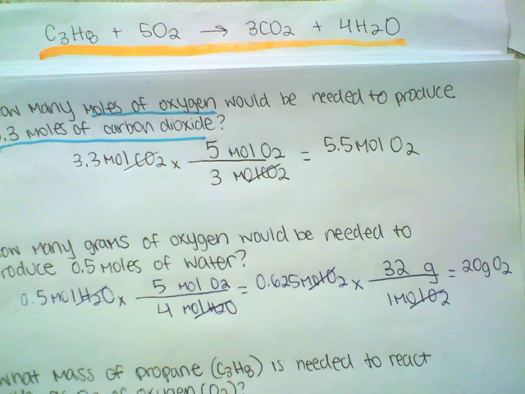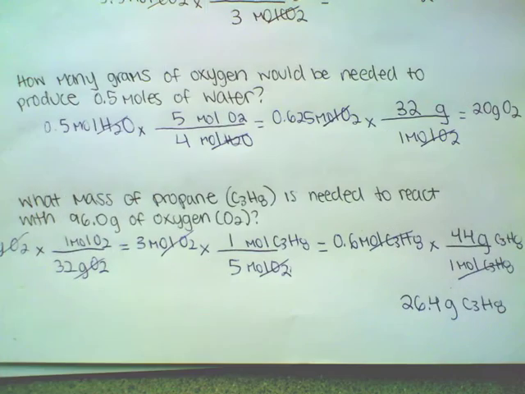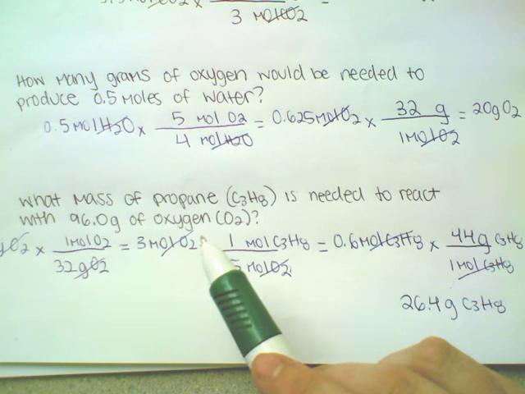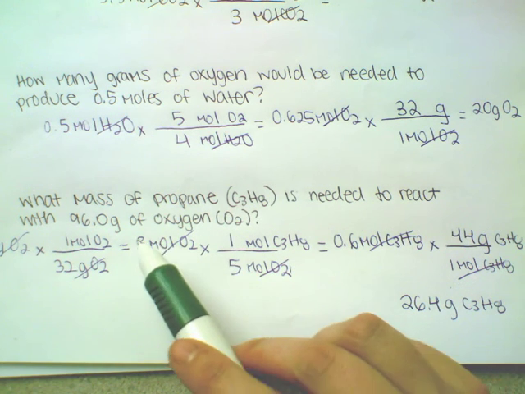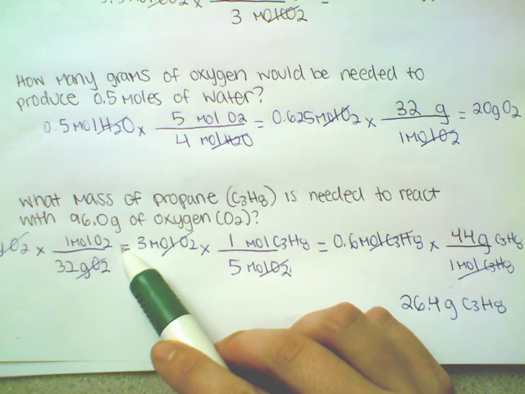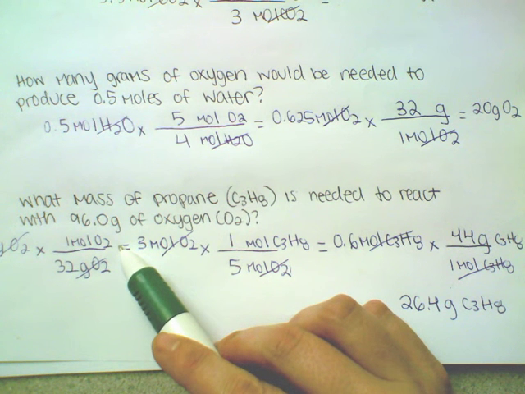Then the same idea applies in the last problem. If you're given the amount that you're putting into the reaction in grams, we have to figure out how many moles that is. I don't know how many grams of oxygen I'm supposed to put in my reaction. My recipe tells me how many moles.